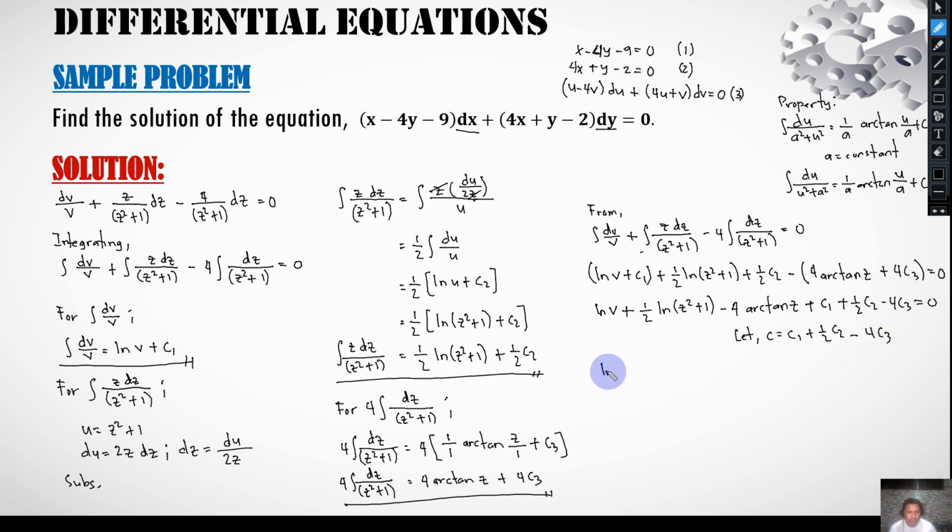So, this would be then ln of your V plus 1/2 of your ln of your Z squared plus 1 minus 4 arctangent of your Z plus your C is equal now to 0. Okay? So, I think we are almost there. So, what shall we go next from here, students?